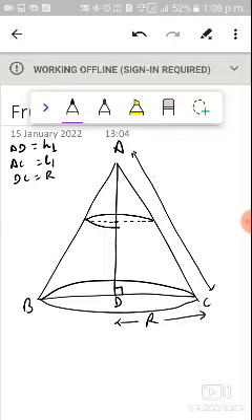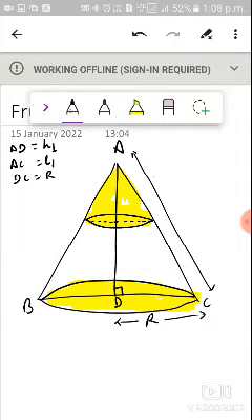So we have cut a small piece of cone from this bigger cone, and the base of this small cone is parallel to the base of the bigger cone, that is ABC. So these two planes are parallel to each other.